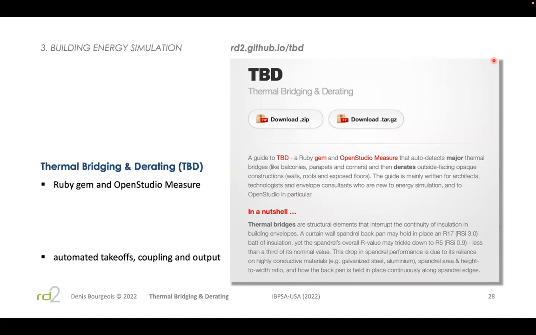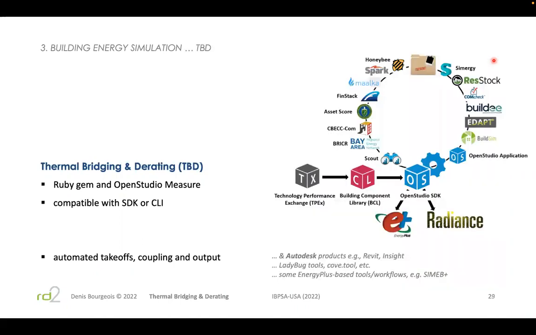So what is it in terms of package? It's a Ruby gem and an OpenStudio measure. For those who are used to the OpenStudio SDK or CLI, this would be OpenStudio itself, or any direct derivative coming from any of the US government labs. You also have the OpenStudio Coalition that maintains the OpenStudio application and SketchUp plugin.